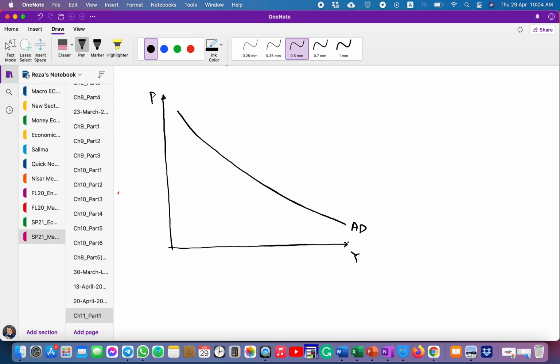We must be on aggregate demand. But the firms are thinking of their own profit in the short run, and they will decide on their short run aggregate supply. So if we are here, the economy is in equilibrium. The moment the aggregate supply and aggregate demand intersect, the economy is in equilibrium.